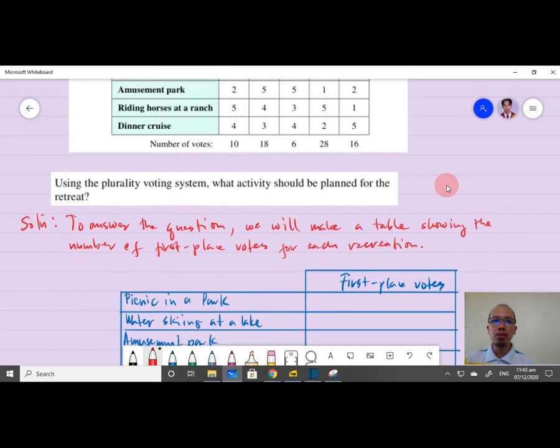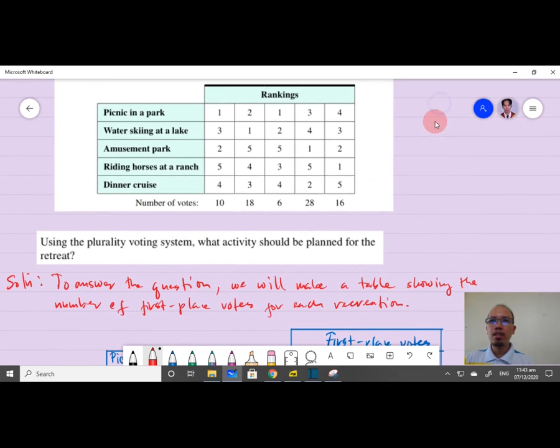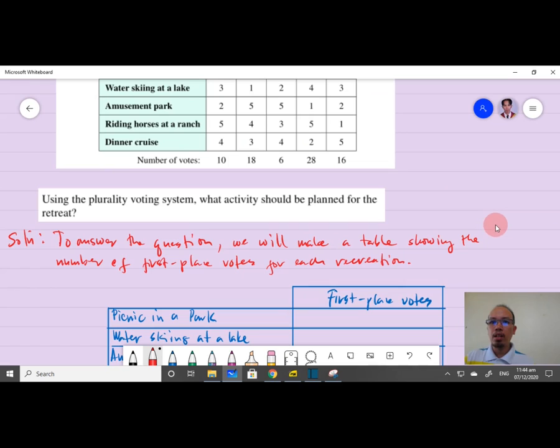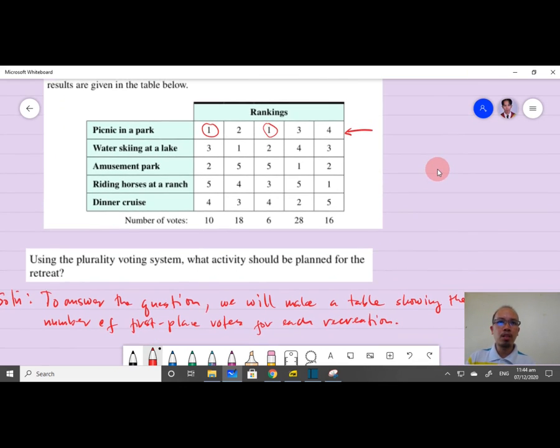So let's go back to picnic in a park. As you can see here, look for this row and determine if there are first place votes. We have 2, this one and this one, so we have 10 plus 6, which is 16. For water skiing at the lake, there is a first place vote here, so we have 18.